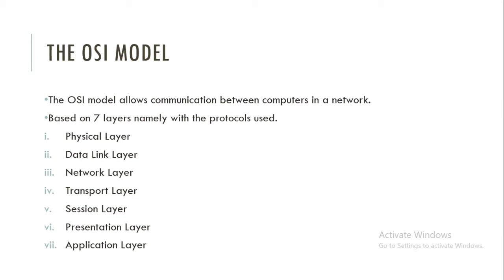Then the network layer uses IP, Internet Protocol, ARP, and IPsec. The transport layer uses TCP and UDP. For the session layer, we have PPTP, and the presentation layer uses SSL, and the application layer, which is the last layer, uses HTTP, FTP, DNS, SNMP, and even Telnet.